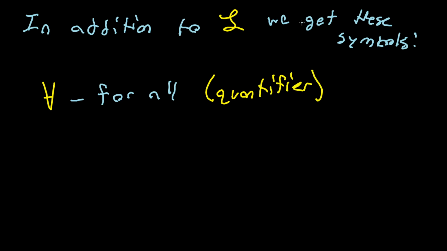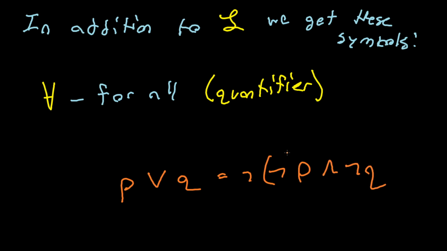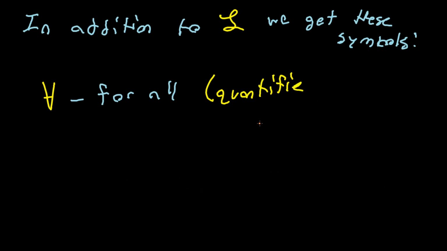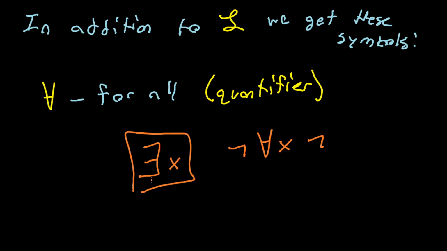Much like how P or Q is not P and not Q, for all, there exists an x is the same thing as not for all x is this not true.